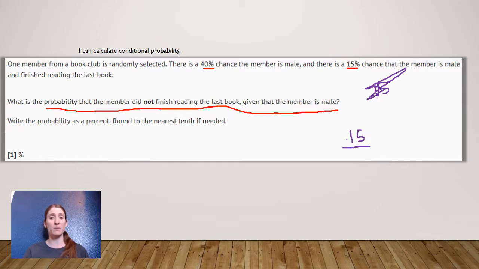So I always put my smaller number on top when I'm dealing with questions like this, and it already has the percent, because if I don't, it's going to be more than 100%, and that's not what I'm looking for, okay? So I'm going to start here, okay? You got to start somewhere. So let's take 0.15 and divide it by 0.4. So that's equal to 0.375, which is really 37.5%.